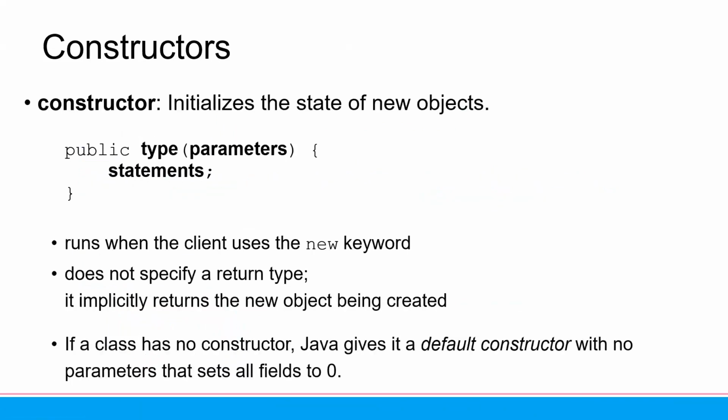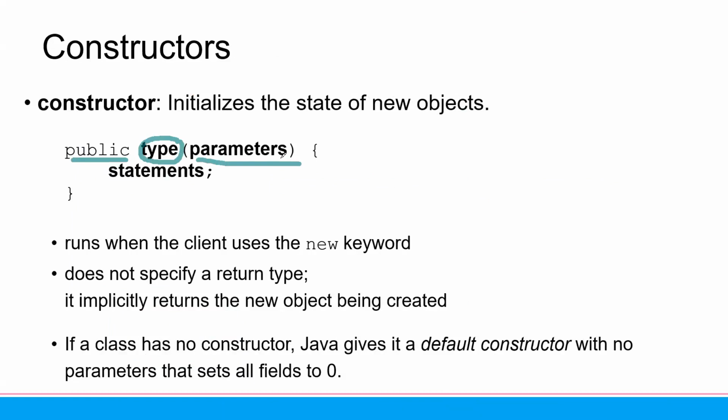The constructor means we want to initialize the state of the new object. So here, the constructor means we want to define whether it is public. Now let's use public. And then the type, actually it is the class name. And we can have the parameters.